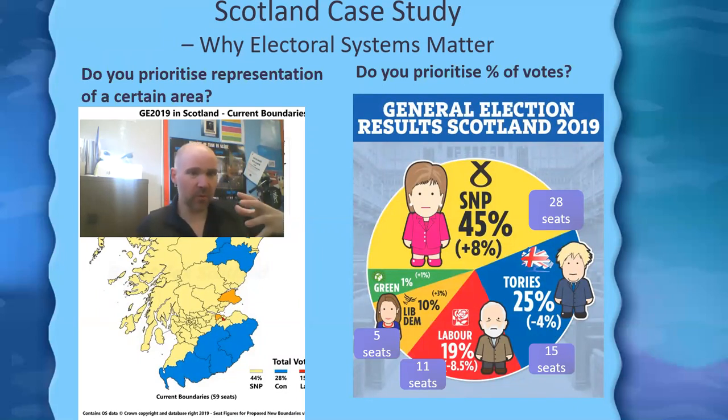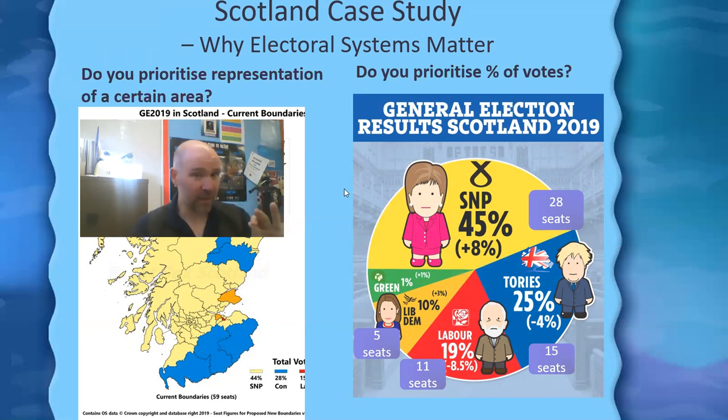So if, for example, the whole of Edinburgh voted for the SNP, that would mean that the votes of people who live in other areas of Scotland really don't matter very much at all, because there are so many more people living in the cities that these other areas can effectively be ignored by the political parties, or their votes just don't count as much.